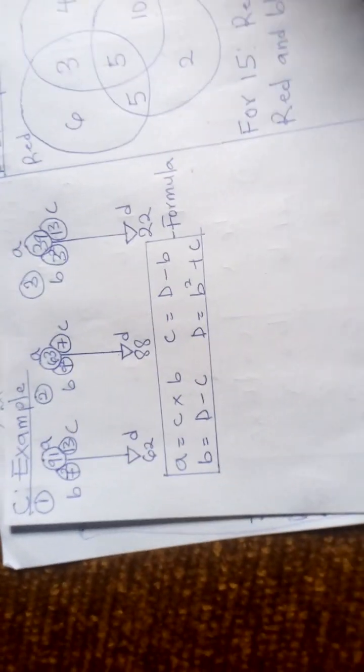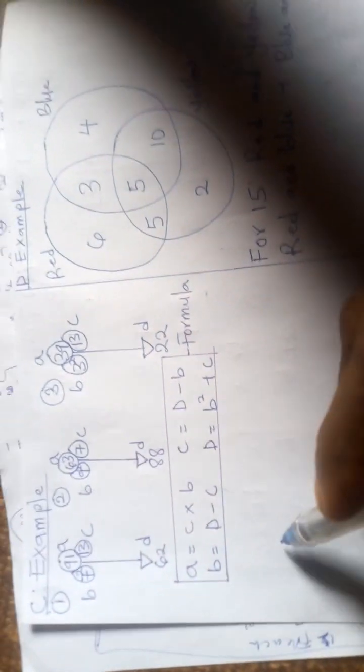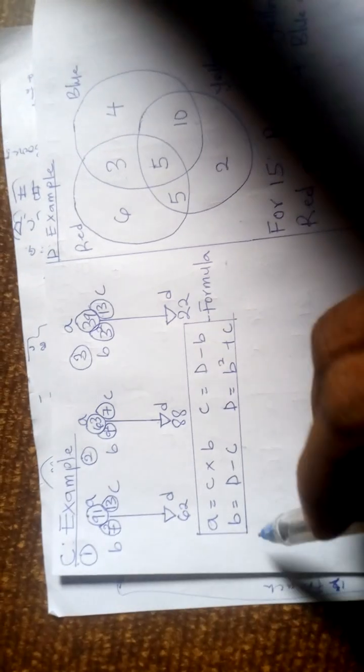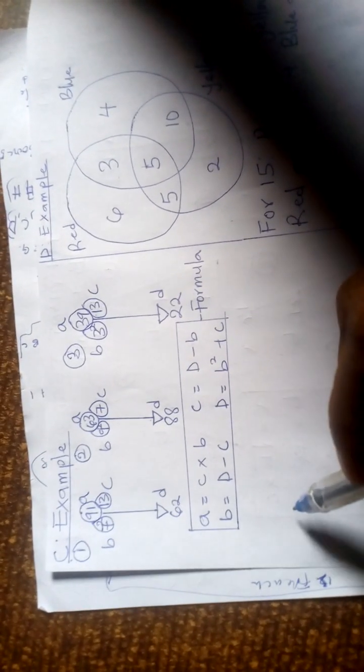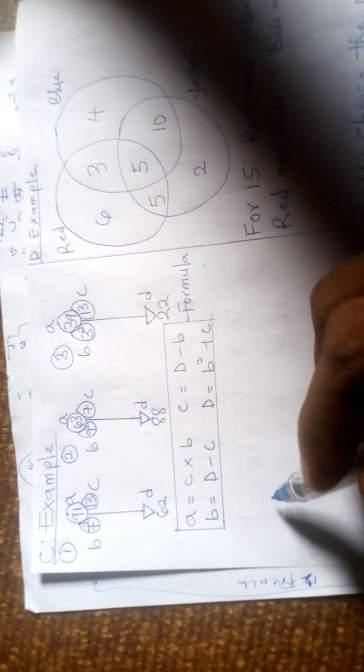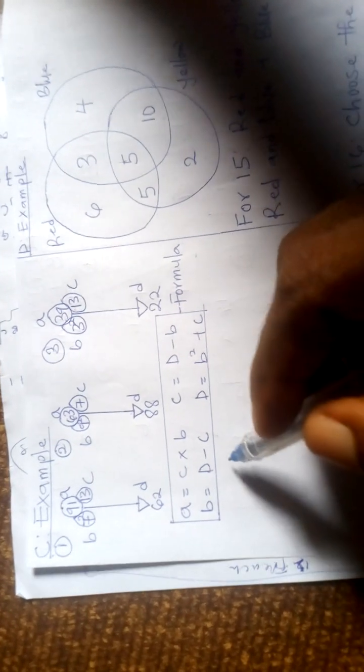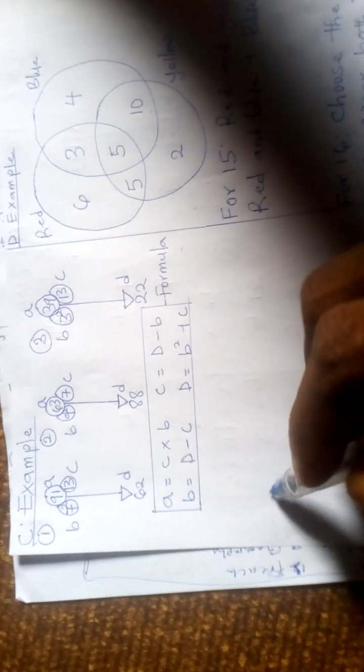In the C, we have this formula here. And in this formula, if you look at it, we have sample 1, sample 2, and sample 3. Okay, so let's start by getting the values.